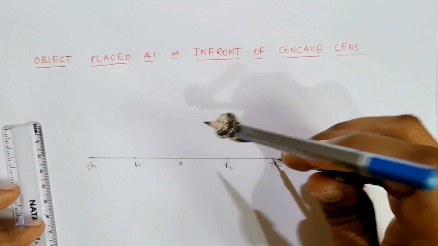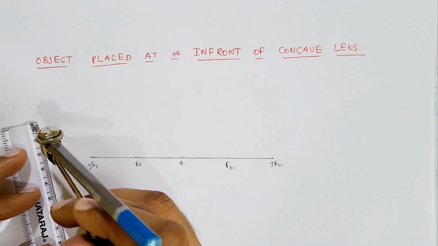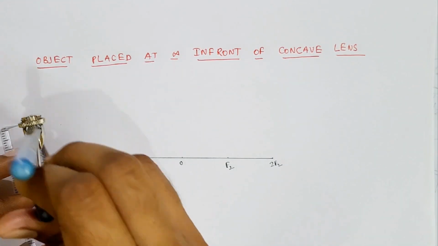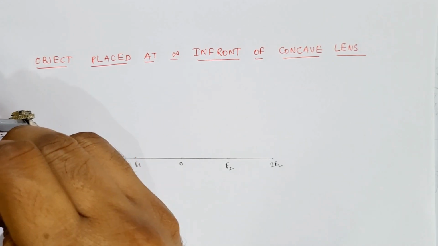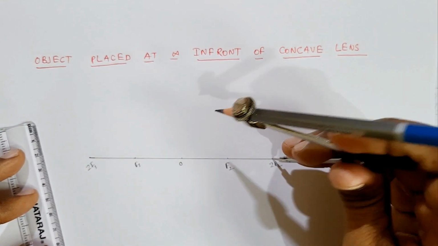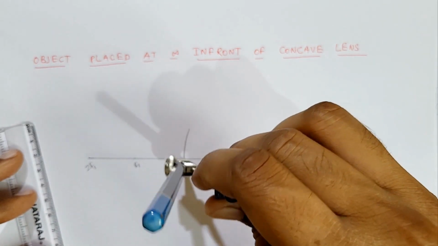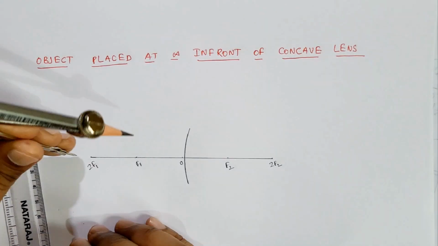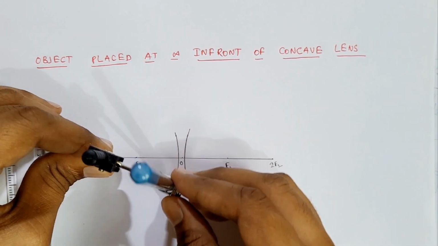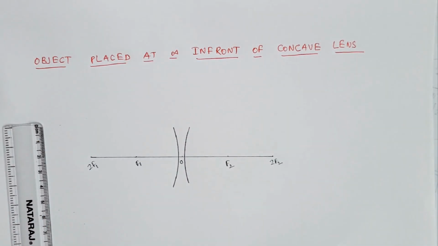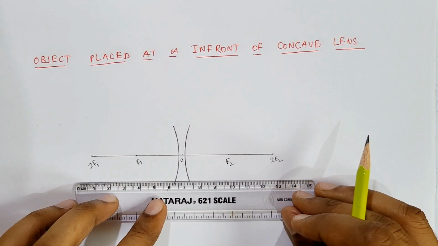If you take radius as 5.8 centimeters, and draw an arc here. And take 2F1 as center once again and draw one more arc here. Now you close the arc like this.